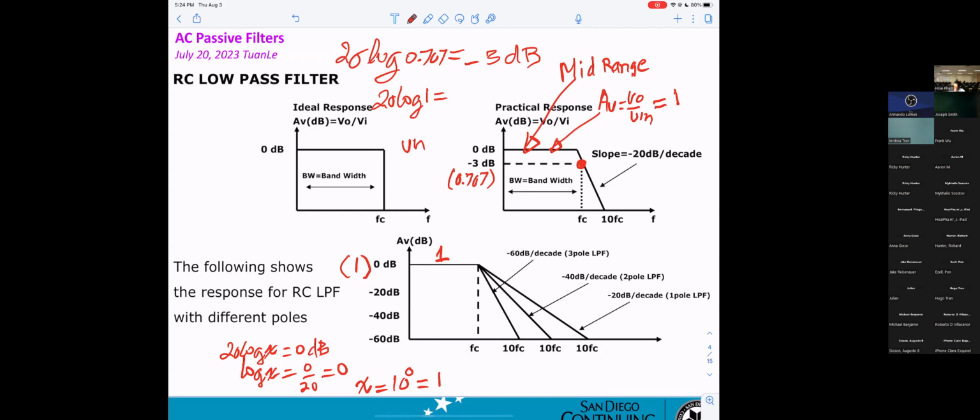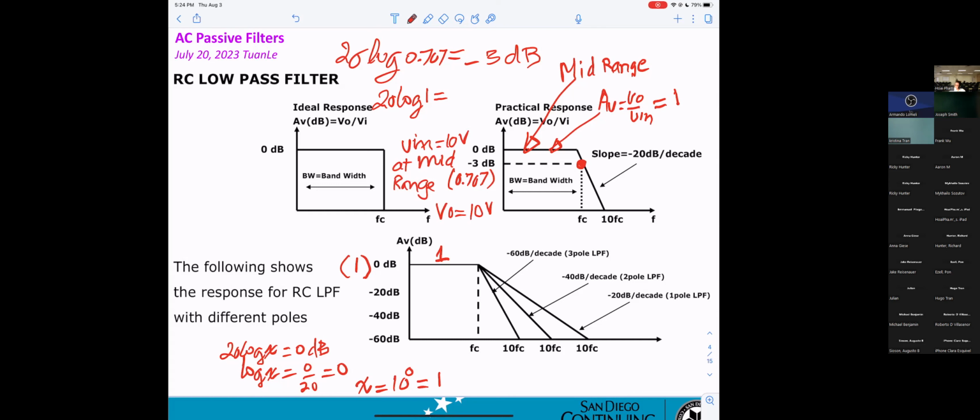Say the input is 10 volts at mid-range. V out equals 10 volts. That means whatever comes in comes out, no loss.